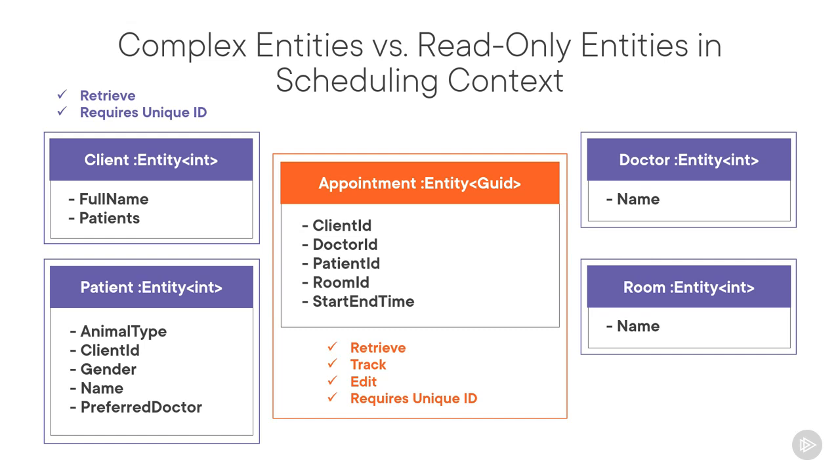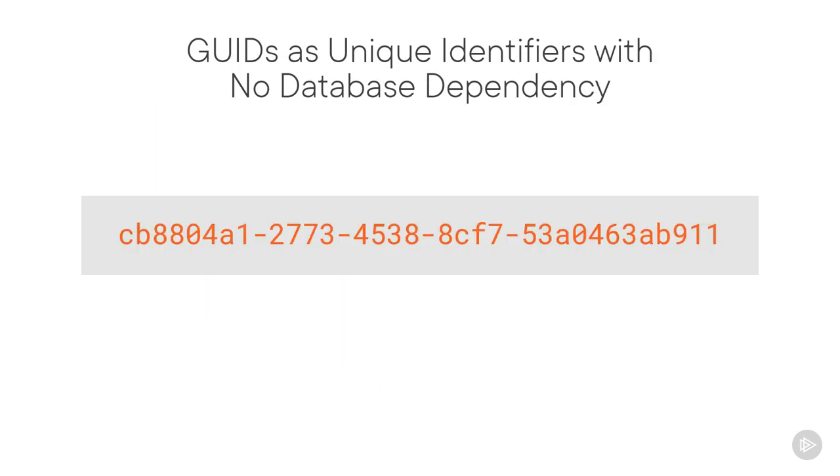Appointment is built using DDD principles, and you'll see that it's much easier to use GUIDs when building DDD entities and the related logic rather than relying on the database to provide the identity values. Not only is it easier, but it follows DDD principles more clearly, since we will build all of our domain logic around appointments without involving the database.